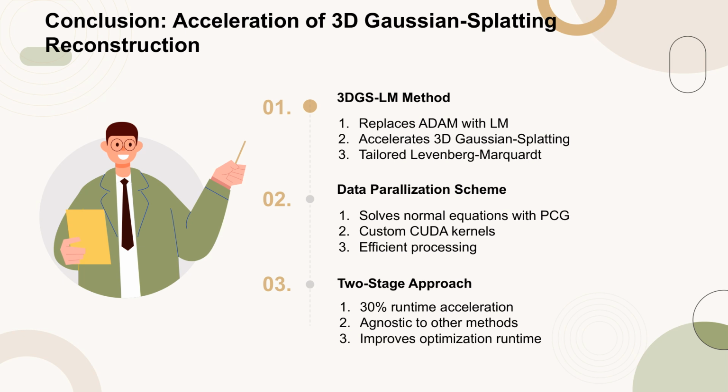Employed in a two-stage approach, this leads to a significant 30% runtime acceleration compared to baseline methods. Additionally, the approach is shown to be agnostic to other methods, further enhancing the optimization runtime. The authors believe that this faster reconstruction capability will open new research avenues and make 3D Gaussian splatting more practical for a variety of real-world applications.